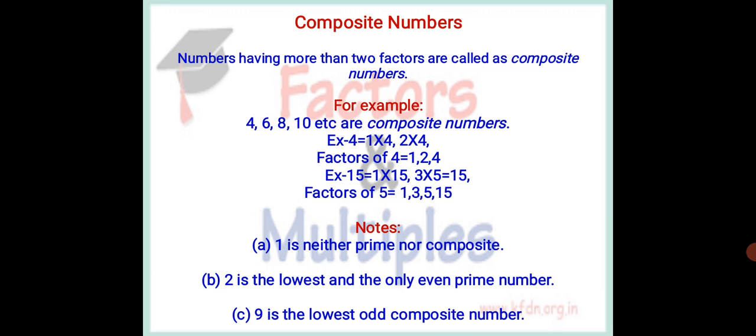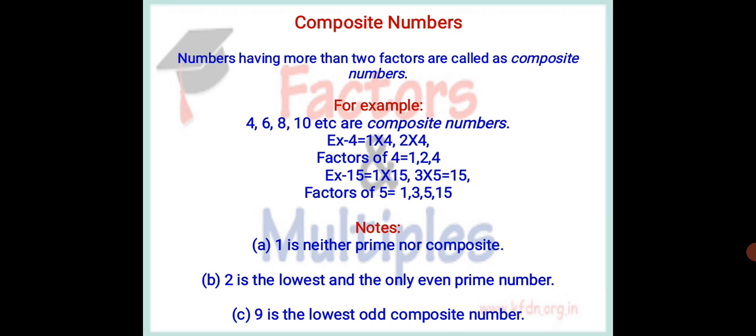Similarly, we can say 15 ones are 15 or 3 fives are 15. So here we can write factors of 15 equal to 1, 3, 5, 15. Isn't it?